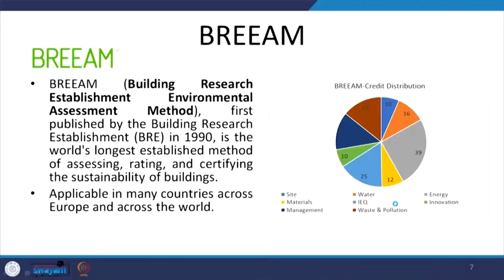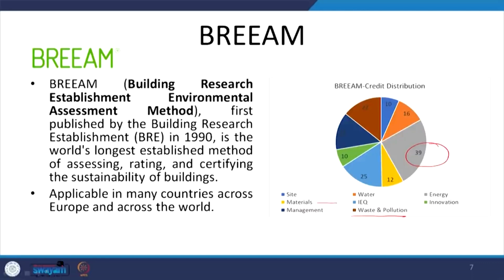If we look at the credit distribution in BREEAM, we can see very clearly that the largest percentage of credit is taken up by the energy component, and a large percentage of it also goes towards waste and materials together, which I can place together as materials and resources.